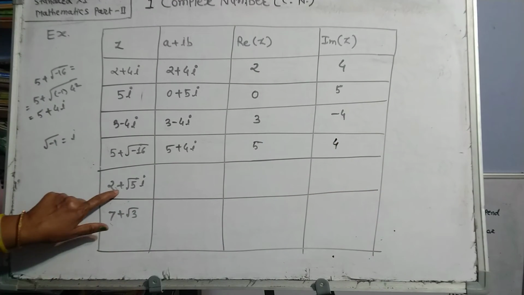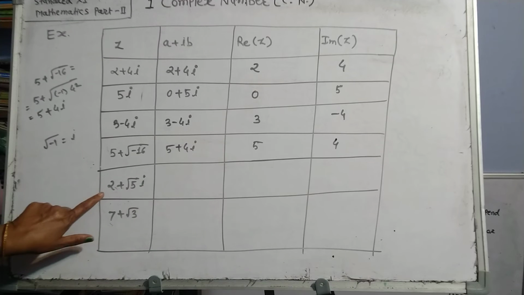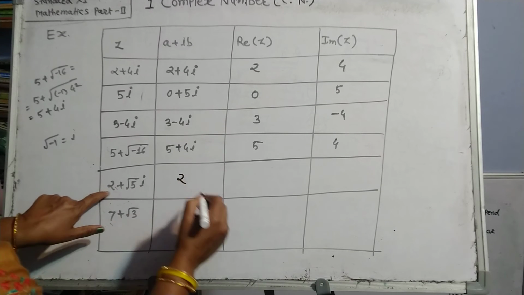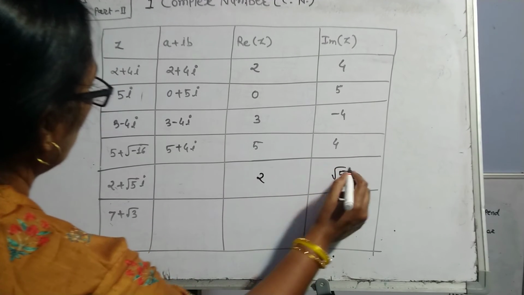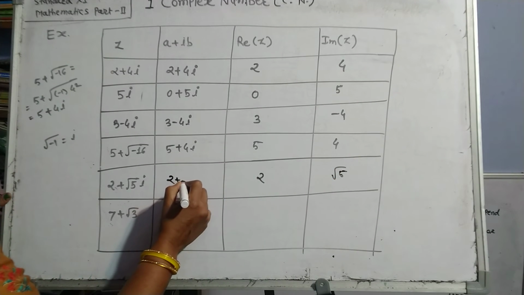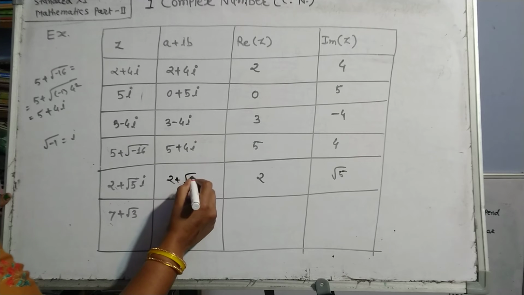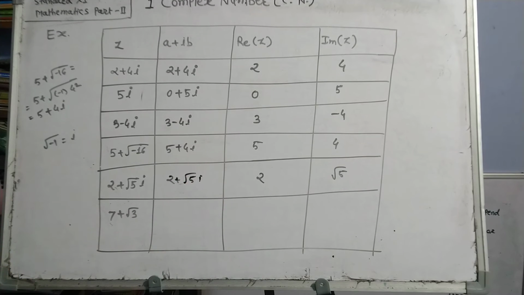Then 2 + √5i. The real part is 2 and imaginary part is √5. So 2 + √5i. Then 7 + √3.